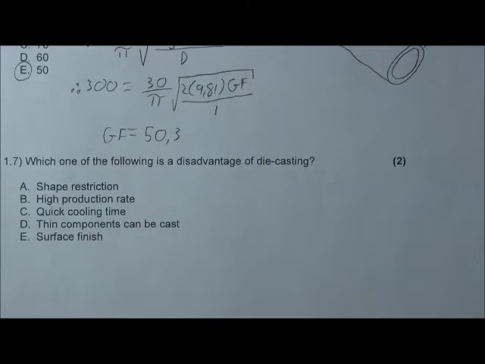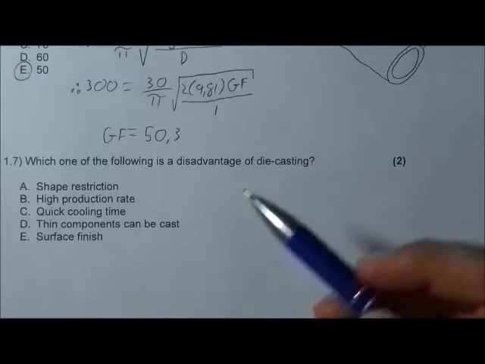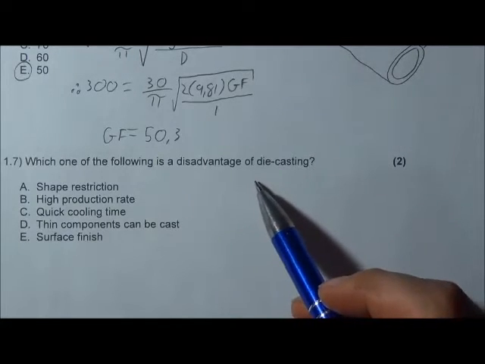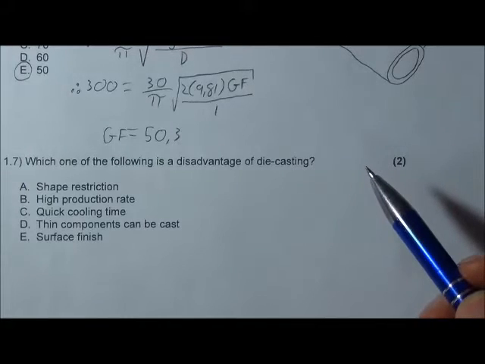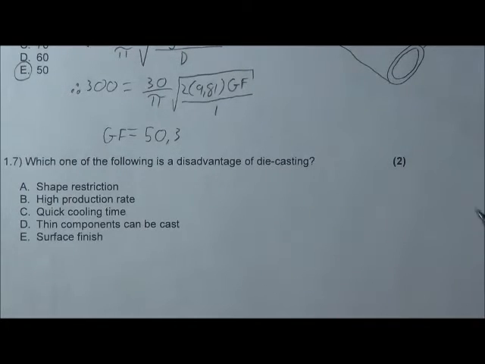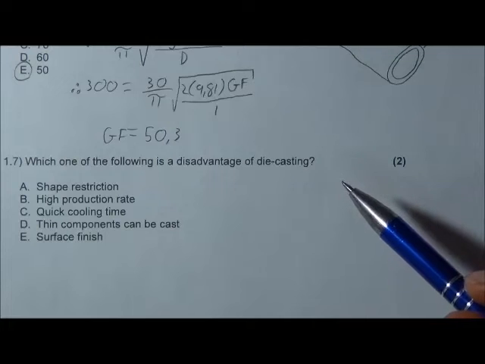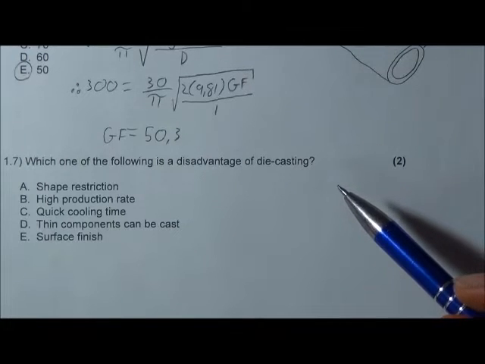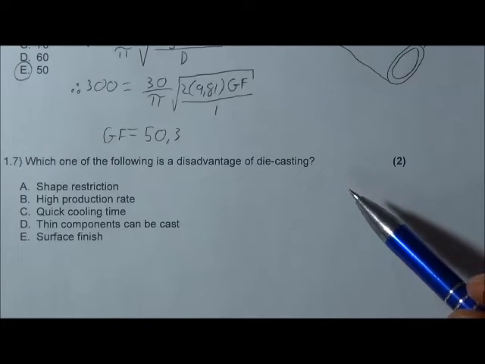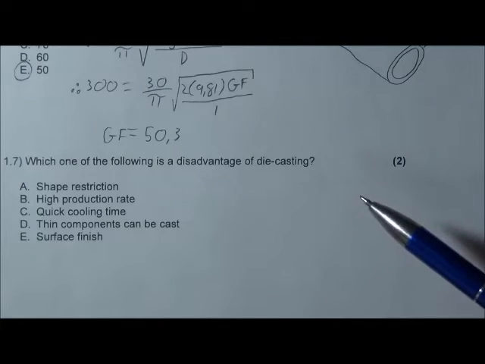Question 1.7. Which of the following is a disadvantage of die casting? Remember, die casting was the process where you have metal molds and the molten material is injected under high pressure between the molds.